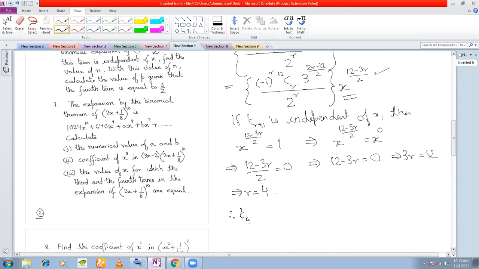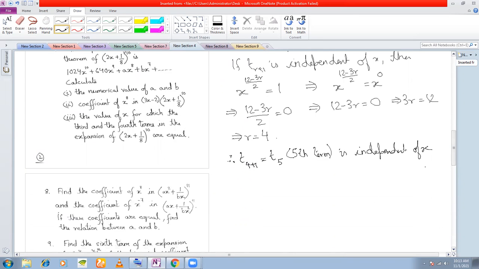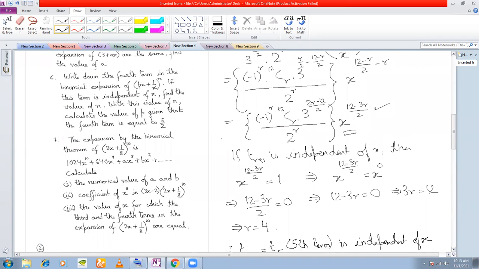Therefore, t4 plus 1, which is equal to t5, fifth term, is independent of x, right? If this term is in, what is the term now? Therefore, t5 is equal to, put it here, put the value of r here. So what is the fifth term?